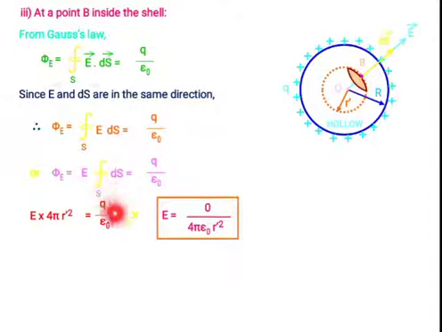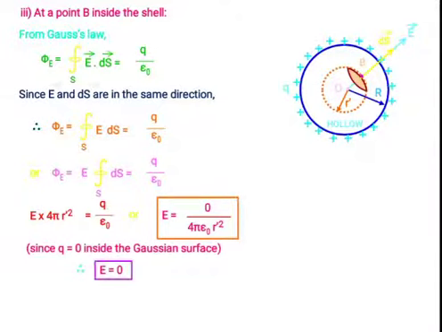The charge here is 0, because inside the shell the charge is equal to 0. If charge is 0, then electric field is also 0. Since Q is equal to 0 inside the Gaussian surface, E is equal to 0.